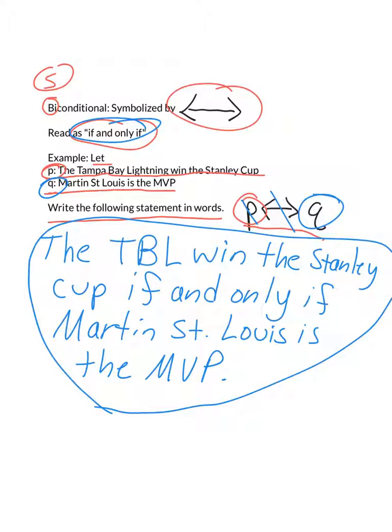Final answer is the Tampa Bay Lightning win the Stanley Cup if and only if Martin St. Louis is the MVP. What this means is if the Tampa Bay Lightning win the Stanley Cup, then Martin St. Louis is the MVP. And going backwards, if Martin St. Louis is the MVP, then the Tampa Bay Lightning win the Stanley Cup.